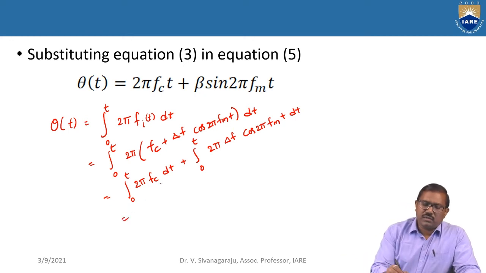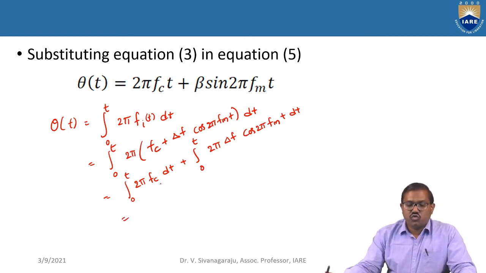So here, this 2 pi Fc is treated as a constant and put outside, so having the integral from 0 to t of dt. The integral of 1 dt is t.